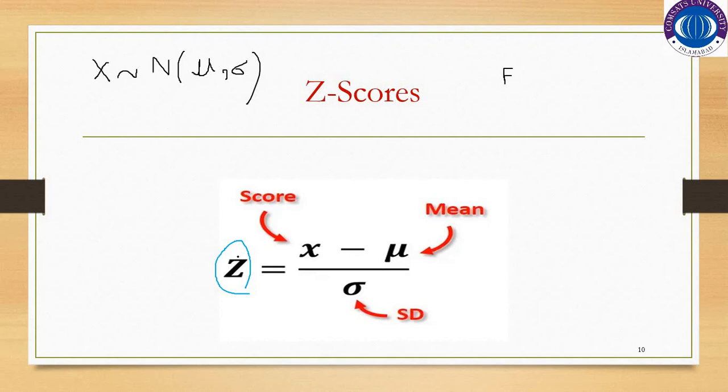So what will be the parameters, or you can say mean and standard deviation, for these Z-scores or this Z? By taking expectation on both sides, you will get expected value of Z, which will be equal to expected value of x.